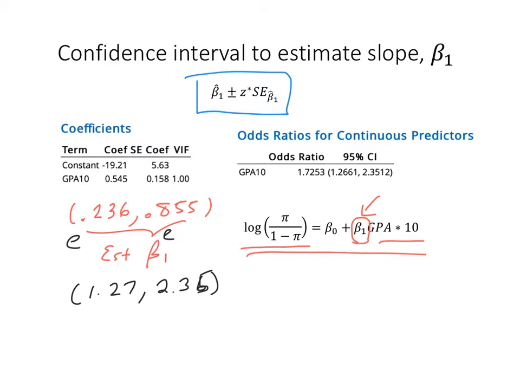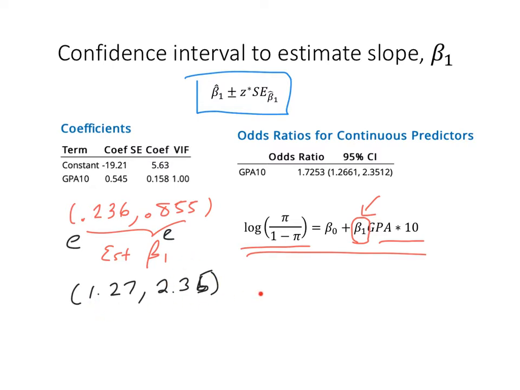Okay, so how are we going to interpret this interval? So we're saying for every tenth of a unit increase in GPA, because we were using the variable GPA 10, we're expecting that the odds of acceptance go up by a factor of 1.27 and roughly 2.4.